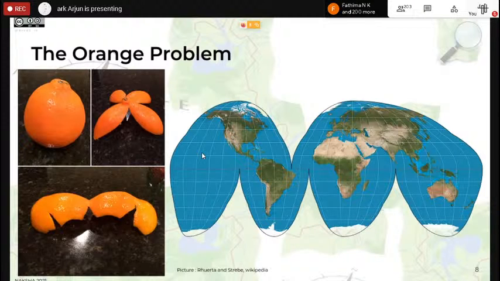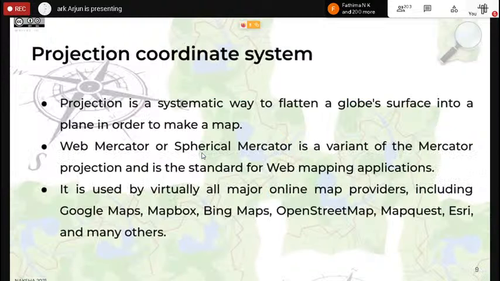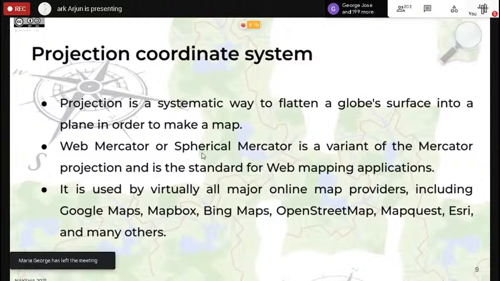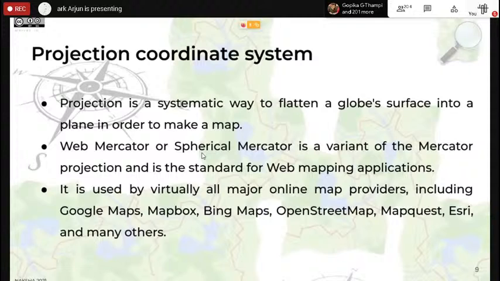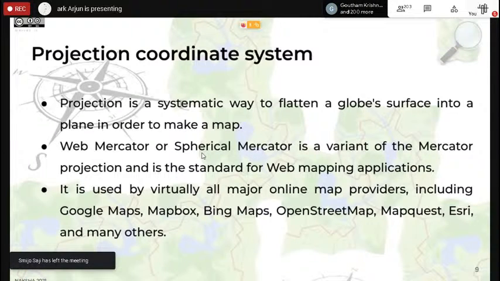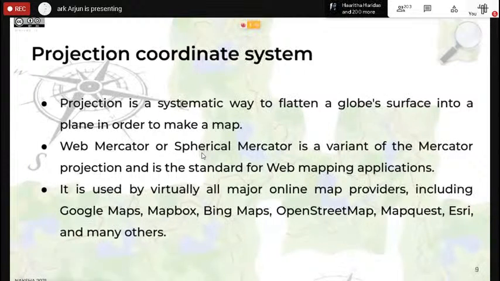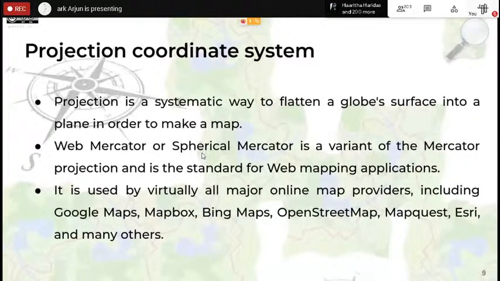So for this, we have projection systems. A projection coordinate system is a systematic way to flatten a globe surface into a plane in order to make the map. Web Mercator, the spherical Mercator, is the standard projection used in almost all web mapping applications, and it is considered the standard in OSGeo.